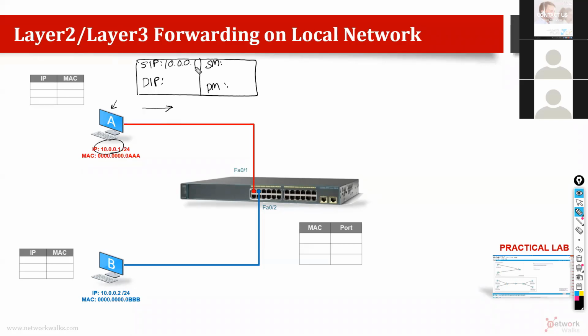What is the destination IP? We know, because we know what we are going to ping. When we typed this command, ping 10.0.0.2, at that time we had already mentioned it in our command. So the destination IP we already know.